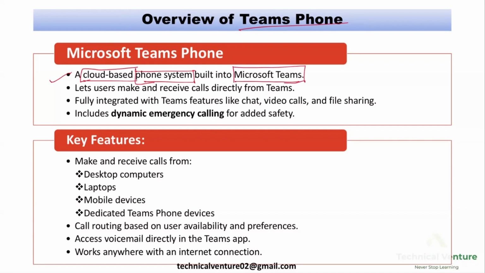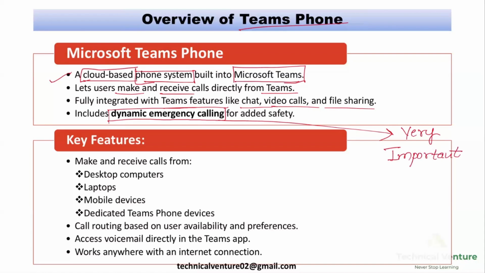It lets users make and receive calls directly from Teams. It is fully integrated with Teams features like chat, video calls, and file sharing. It also includes dynamic emergency calling for added safety. This dynamic emergency calling is a very important topic, and it is mainly important if you are using direct routing.